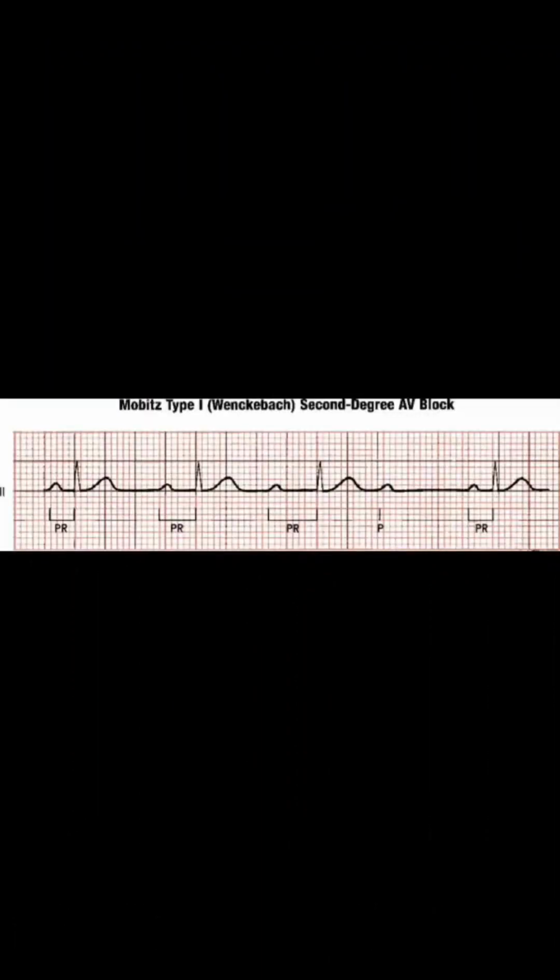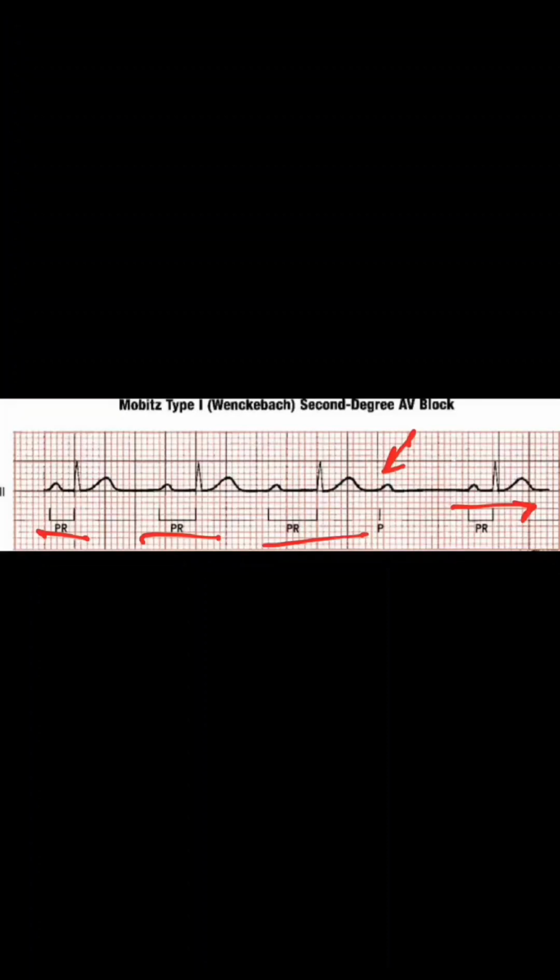In the case of second-degree AV block type 1, also known as Wenckebach block or Mobitz type 1, you will have a PR interval that gets longer and longer and longer until there is a lonely non-conducted P wave, and then the cycle starts over again.